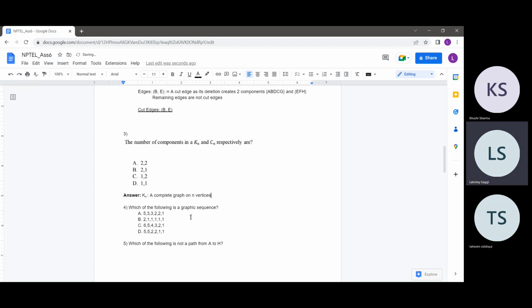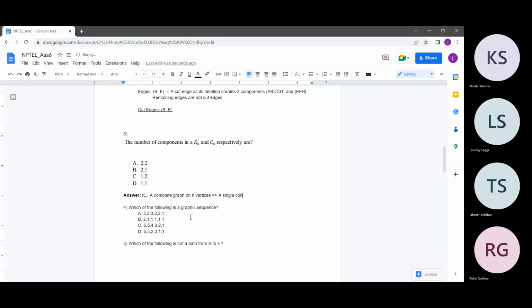A complete graph is a graph where all edges are present, so all possible pairs of vertices are connected by an edge. So this is a single connected graph, since every pair of vertices already has an edge with each other. So since it is connected, it will have only one component.